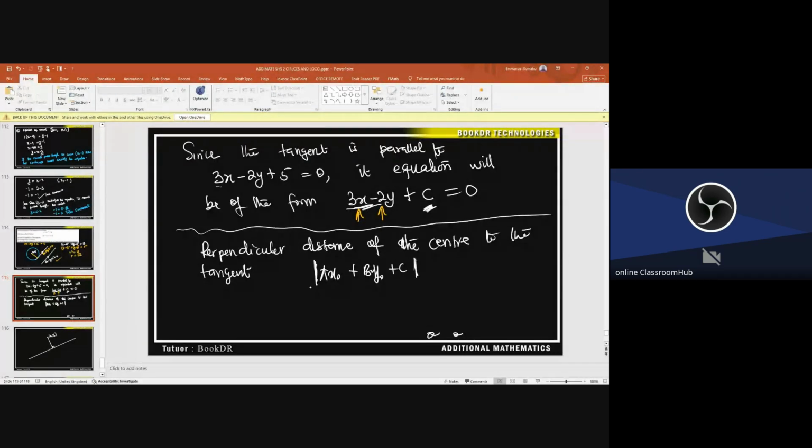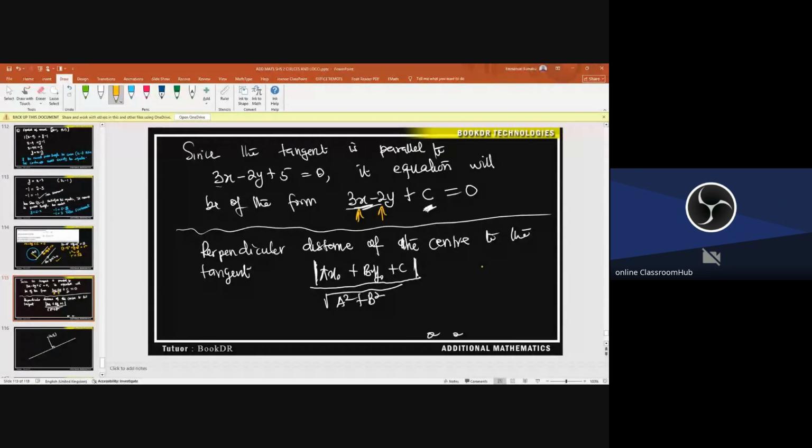It means when you get -1, you make it positive, over the square root of a squared plus b squared. So that's the formula. Where our x0, y0 is the point. And in this case, that is the center, which is 0, 0.